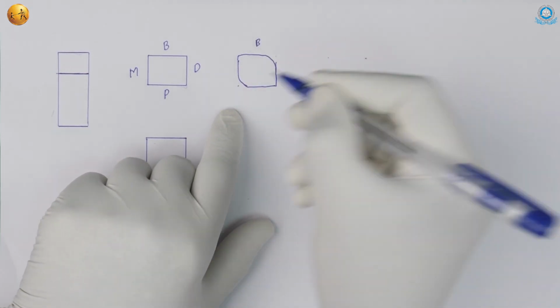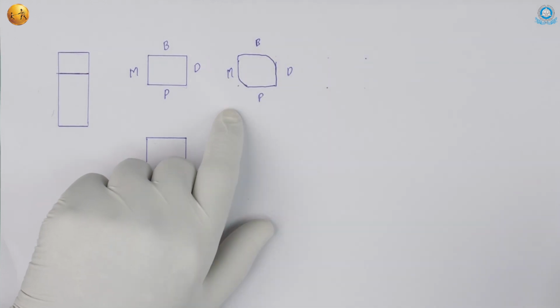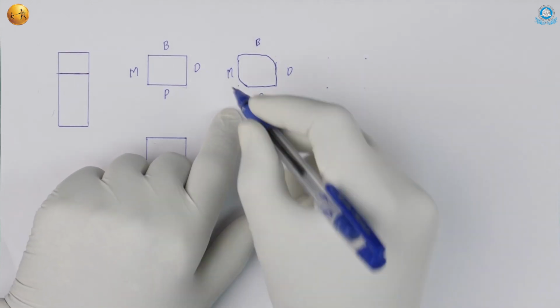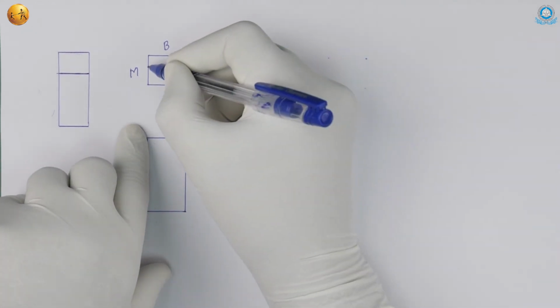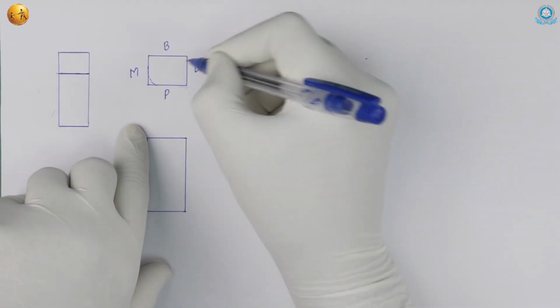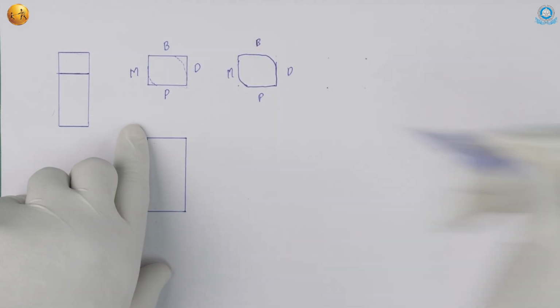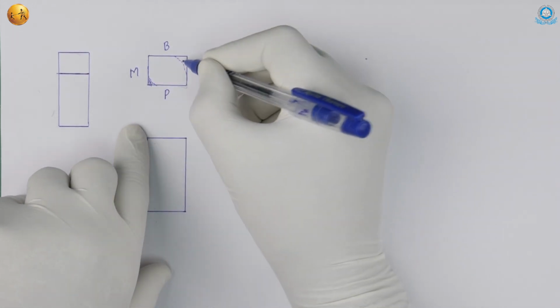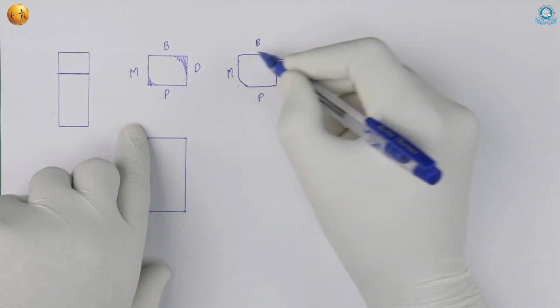So this is the buccal surface, this is palatal, this is distal, and this is the mesial surface. What is your next step after this? Once you remove this wax, now see here, this becomes your acute and the obtuse angle. This part is extra. You remove this part, so the final outcome will be like this.